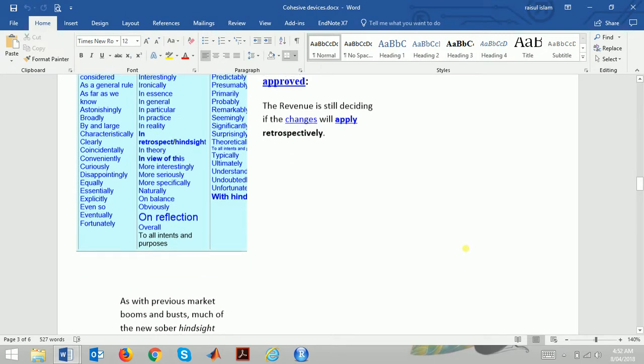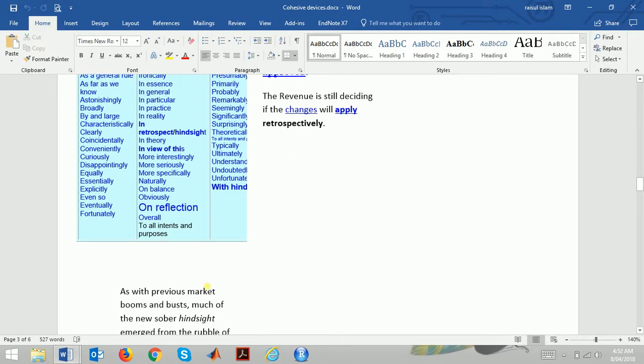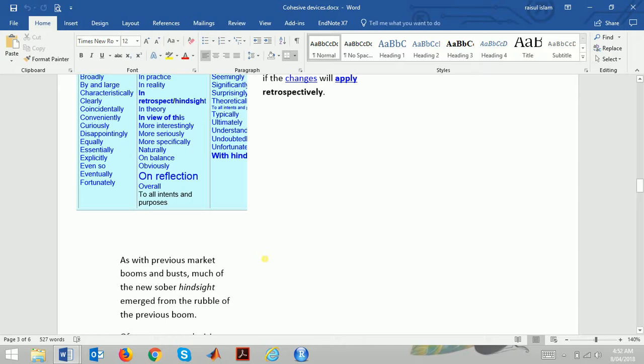So, in hindsight and with hindsight both work. And also on reflection.